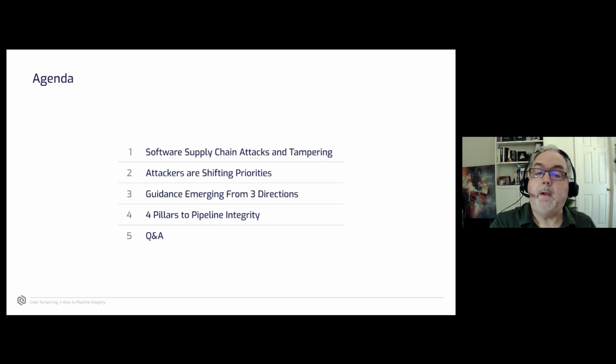And in the end, we'll look at the 4 common pillars or keys that we've identified for improving pipeline integrity and reducing those threats. And at the ultimate end, I'll be happy to answer any questions that you may have. Feel free to enter questions into the Q&A panel throughout the presentation, and I'll be addressing answers toward the end.